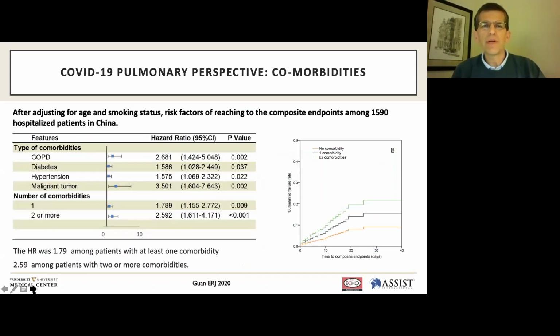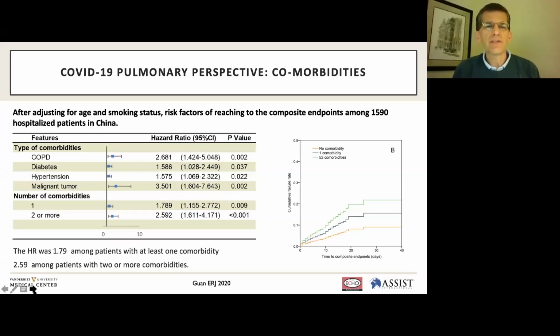Now, one of the critical areas in our pulmonary perspective is to look at comorbidities and how to predict who is likely to be more challenged with this virus. This data from China illustrates nicely the comorbidities that are often seen: chronic obstructive pulmonary disease, diabetes, hypertension, or the presence of a malignancy.